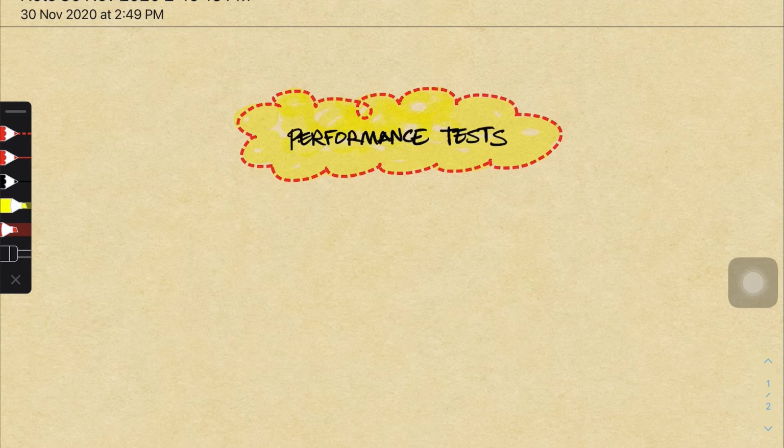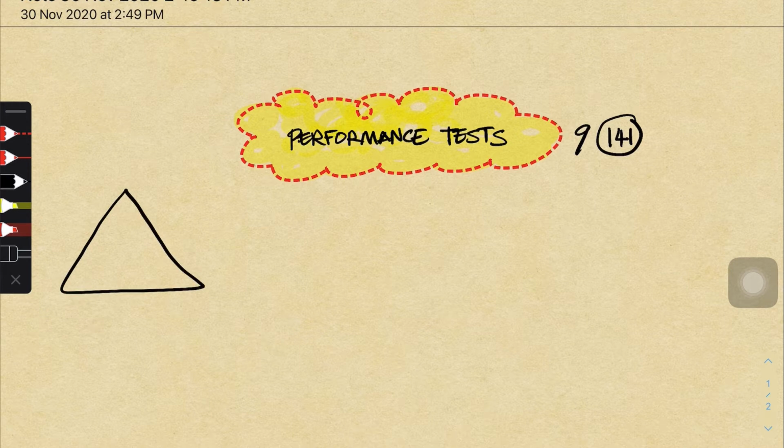Okay, so now we are going to discuss chapter 9, page 141. Performance tests. As you know, if you remember, guys, the pyramid.